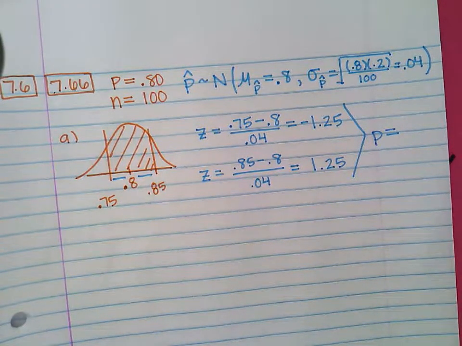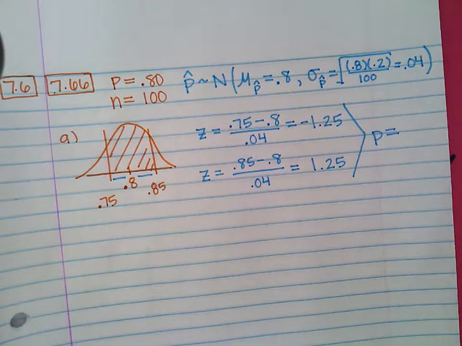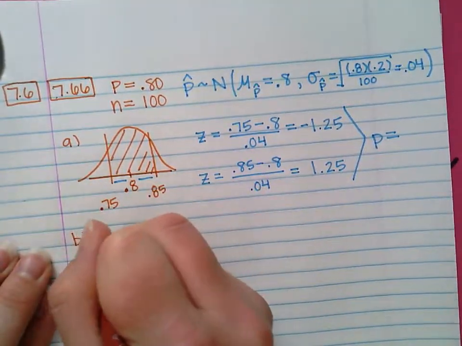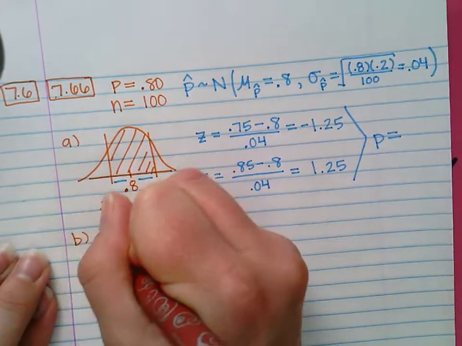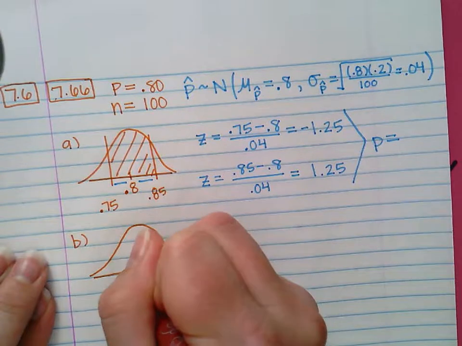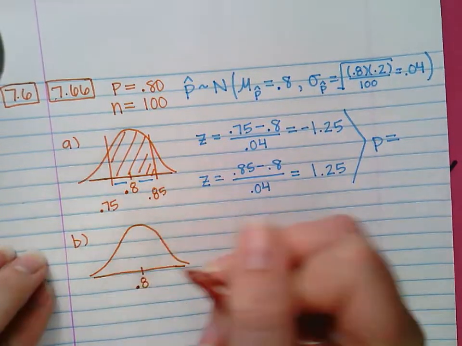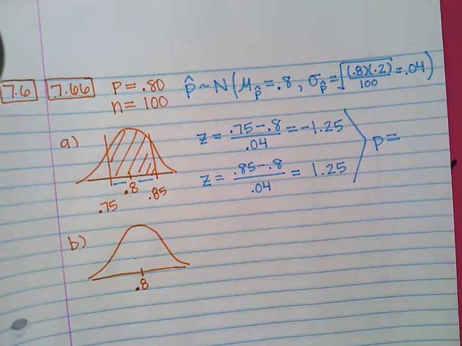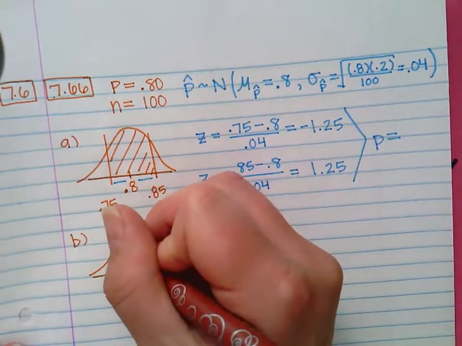On part B, it says, what's the probability that a sample proportion is less than the population proportion by 6% or more? I found that the wording of this question was really confusing because it says or more, but you have to be really careful. Okay, so that it's less than 80% by 6% or more.